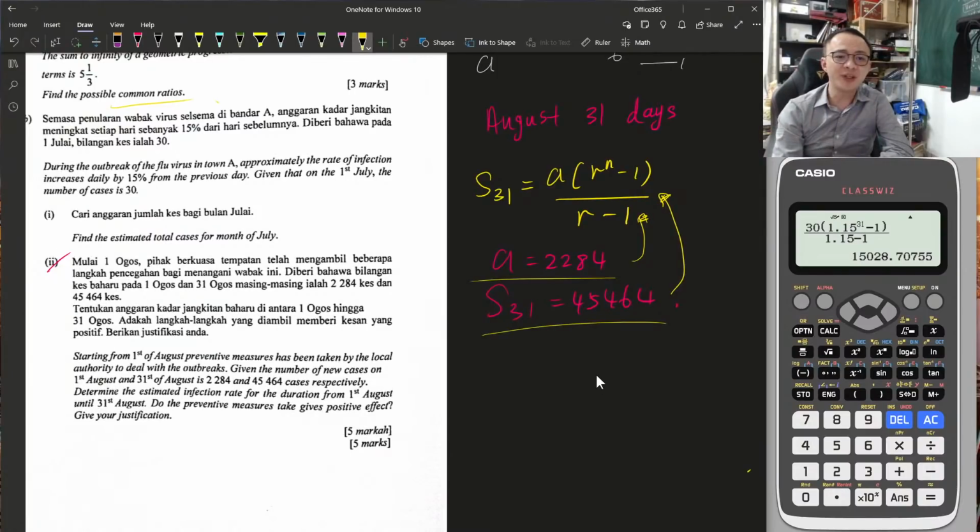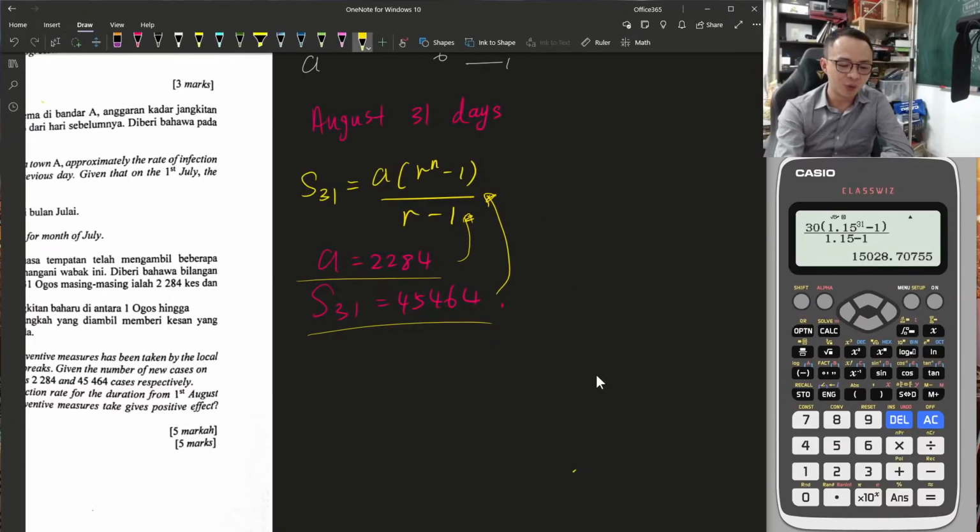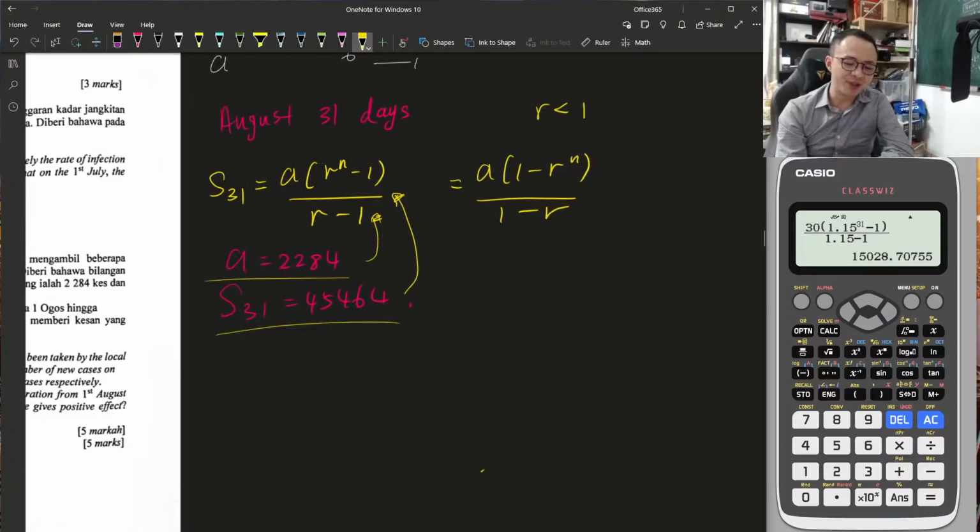Because over here we have two formulas for Sn. Another one is 1 minus Rn over 1 minus R, but for this one, we assume R is less than 1. R less than 1 means that in this case the virus is decreasing.